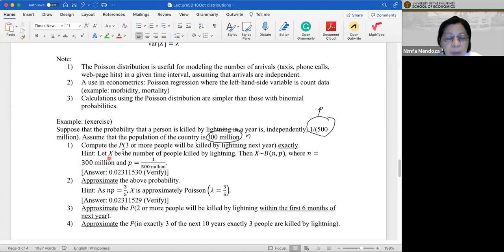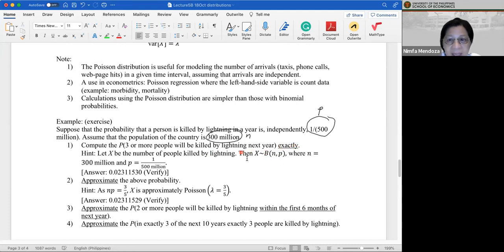Compute the probability that exactly three or more people will be killed by lightning next year. I want you to get the exact probability.